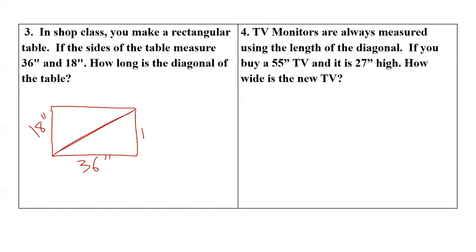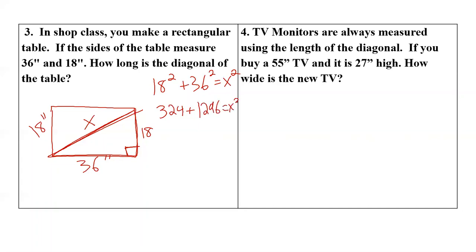So rectangle, we know both sides are equal. We know this is a right angle. So here we have another right triangle. 18 squared plus 36 squared equals x squared. 18 squared is 324. 36 squared is 1296. 1,620 equals x squared.